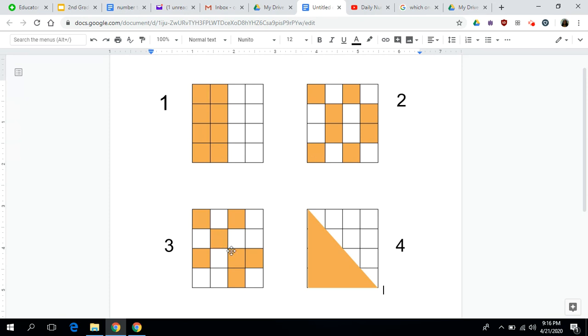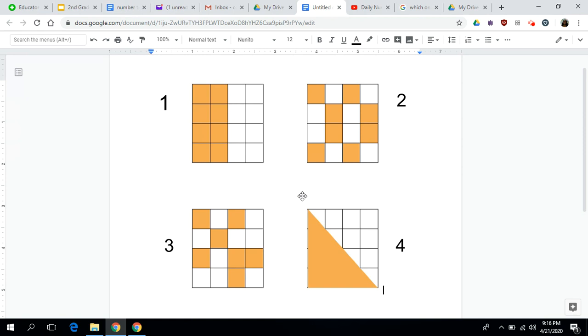So boxes 2 and 3, we have them spread out, more of a random order for how the boxes are shaded in. And then box 4 was not shading in the boxes like we already talked about. So this one seems to be the easiest one to see the 1/2 because the boxes are shaded in a nice organized manner. So that's why I would say box number 1 doesn't belong.